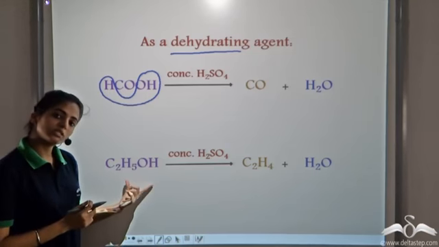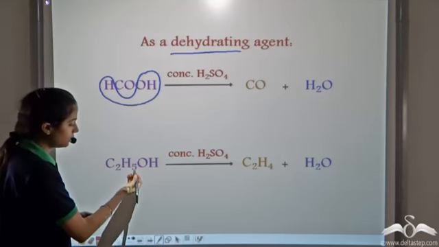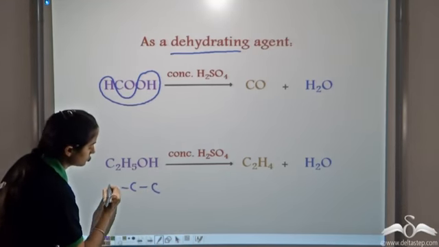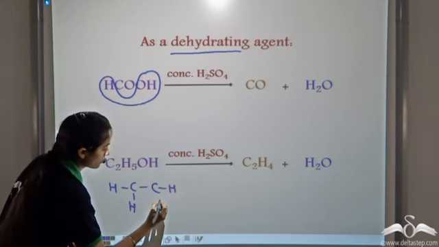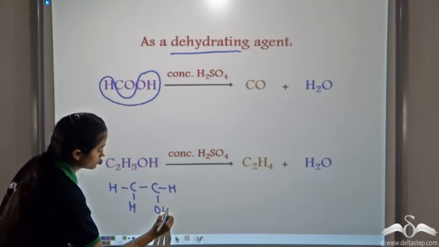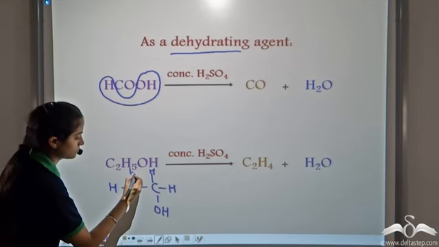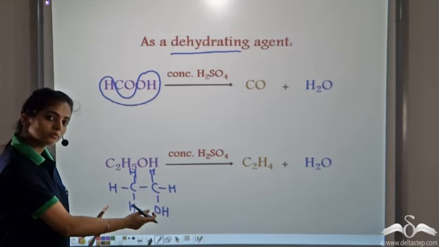Similarly, when it reacts with C2H5OH, it removes a water molecule from C2H5OH. So now this is the ethanol molecule.